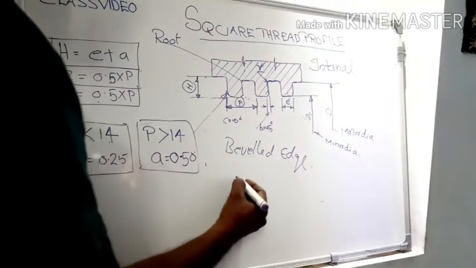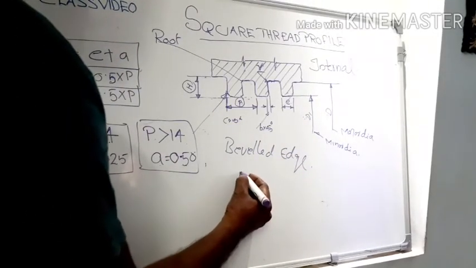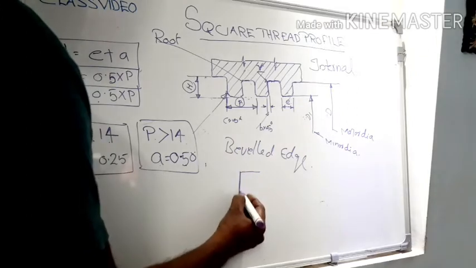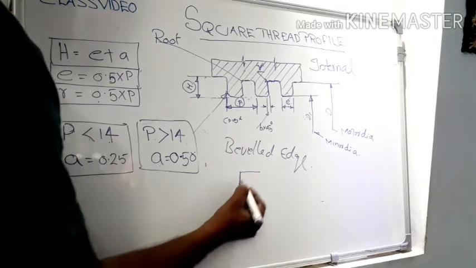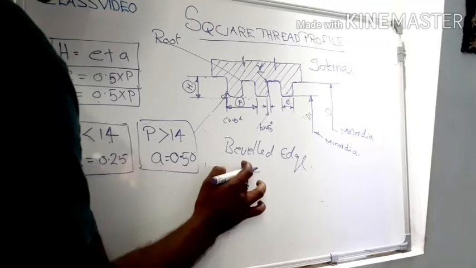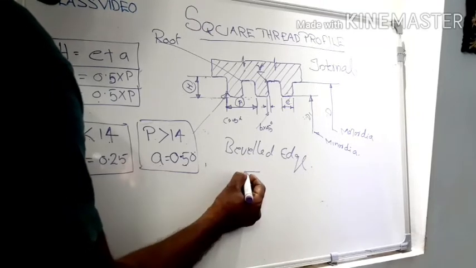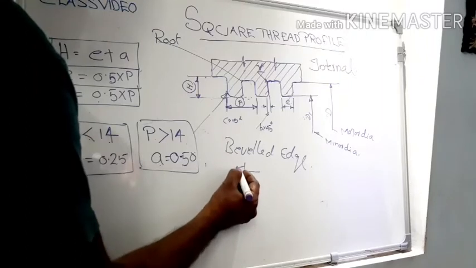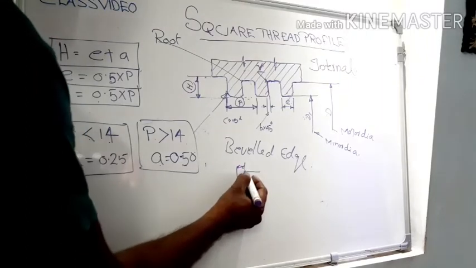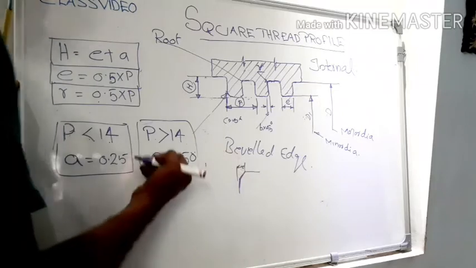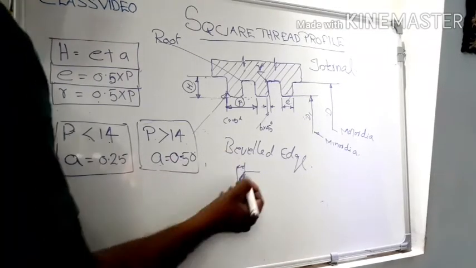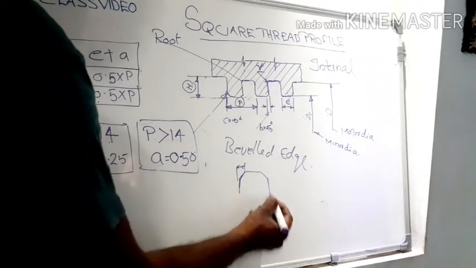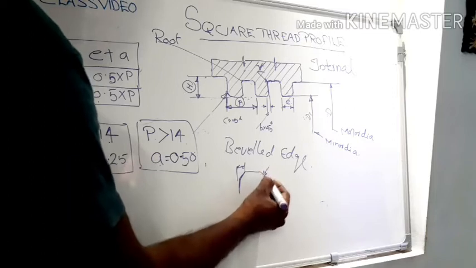That means to remove any sharp corners, we remove the sharp corners by beveling. To avoid the sharp corners, we provide an inclined surface. Such a construction is called beveling.